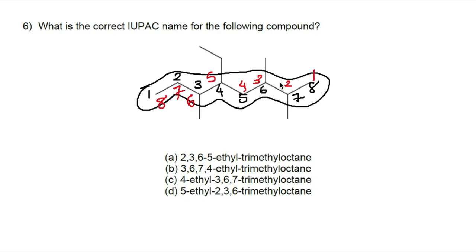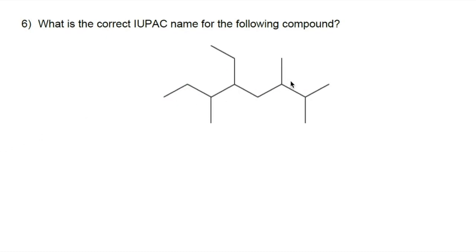So that is telling us that we have to start numbering from the right. Once you've identified those two, now we can actually name the molecule. 1, 2, 3, 4, 5, 6, 7, and 8. And so that's the main molecule.